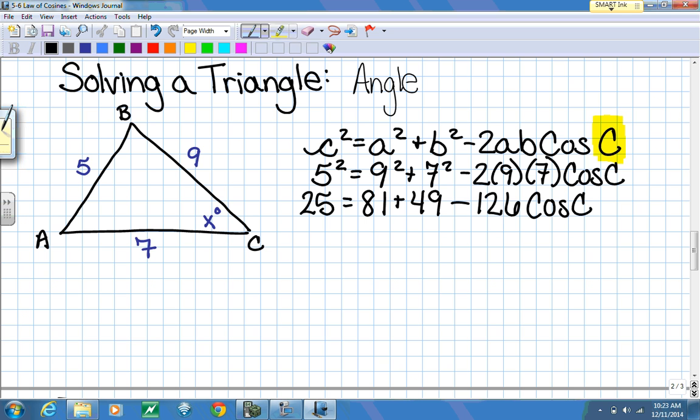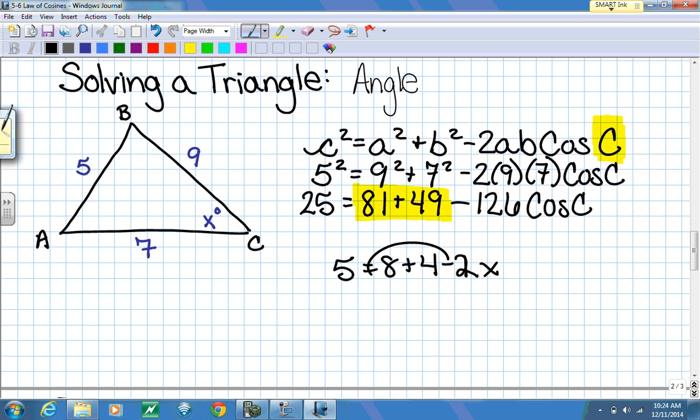Now, when it comes to simplifying the next part, you have to be careful. We cannot just combine all three of these values. The only ones that we can put together are the 81 and the 49. The reason for that: if you had a problem where it was 5 is equal to 8 plus 4 minus 2x, we could not put together all three of these terms.